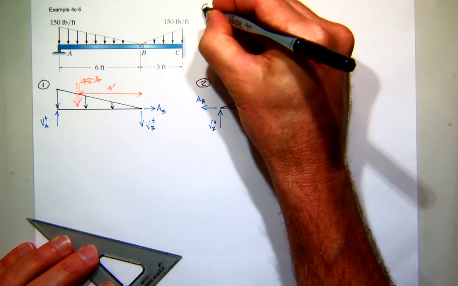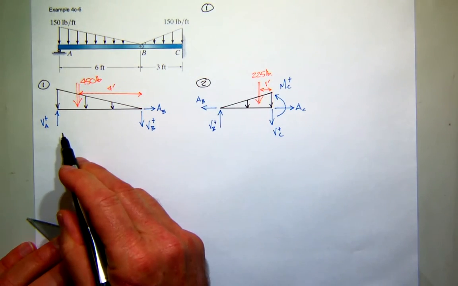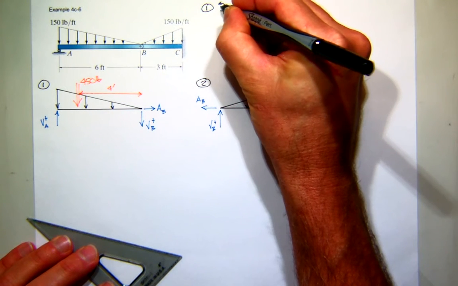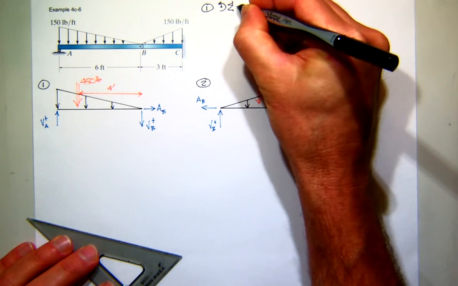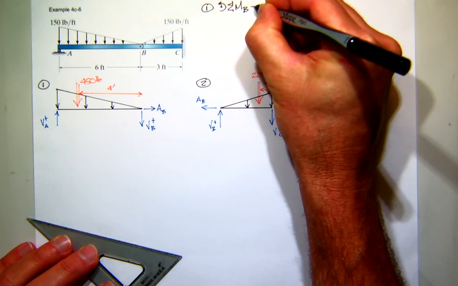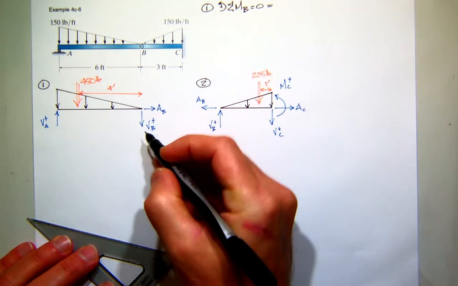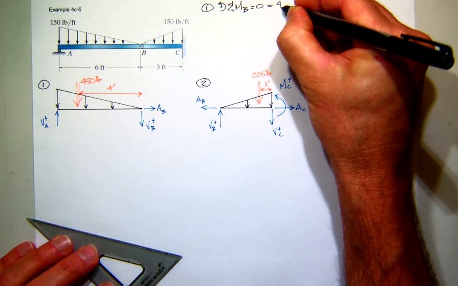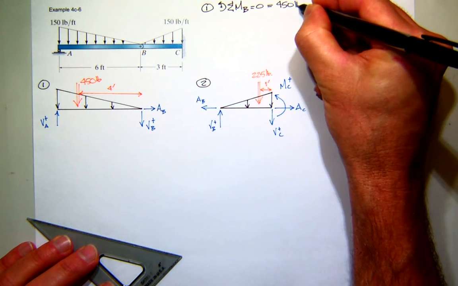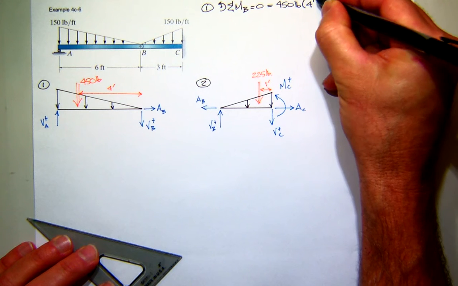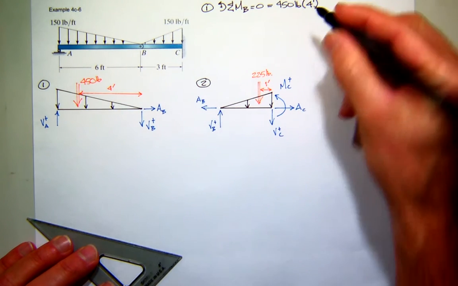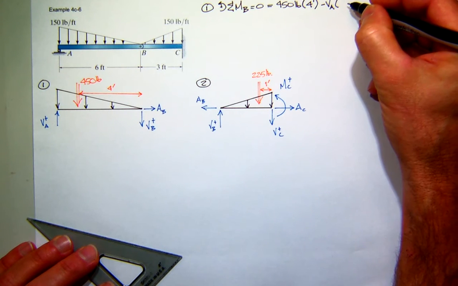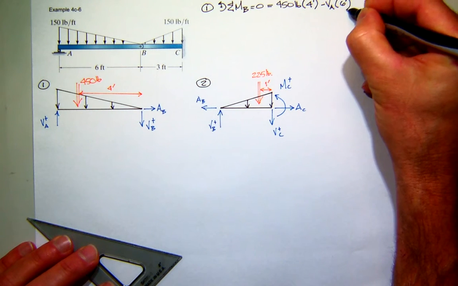So for free body 1, I can sum moments about B. I'll use right-hand rule for my moments, and I'll sum moments about point B. And when I do that, I'll have the moment due to the 450-pound force with a moment arm of 4 feet, and then my shear force creates negative moment with a moment arm of 6 feet.